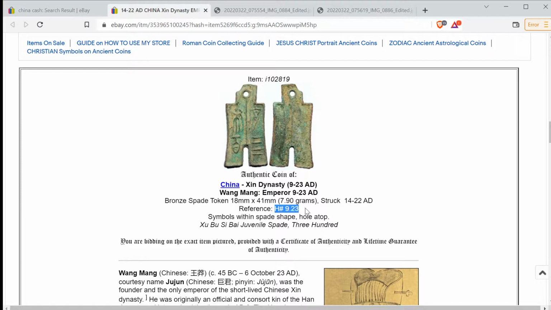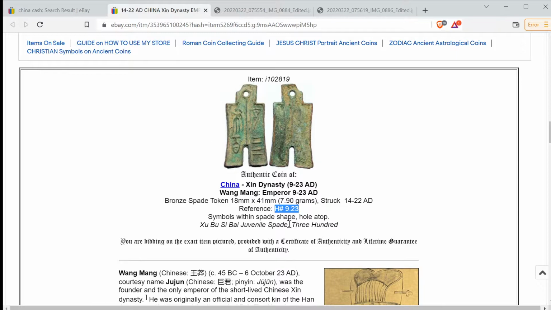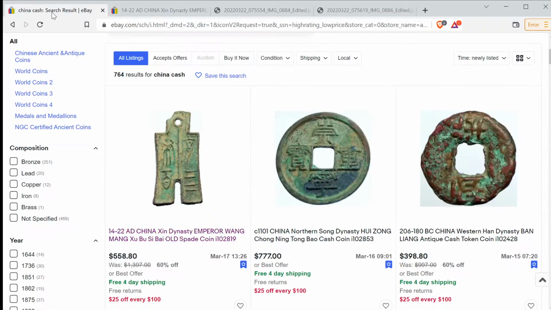You see this H number that references this Hartill book. So you guys could always go in there and see the different types and find a line drawing of this coin in there, or something similar to it. For example, if something is similar, I would write CF, like a variation of the example.